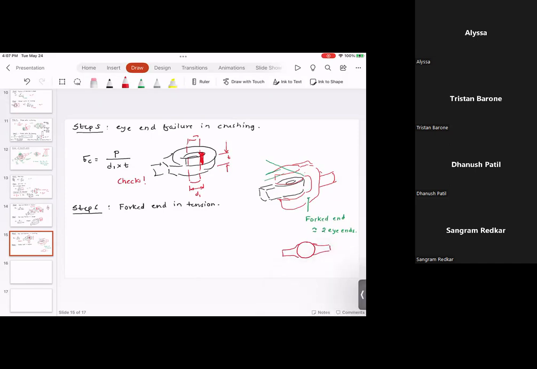You are going to have an eye end and you are going to have a forked end. So these diameters are going to remain the same. The only difference is this thickness is going to be different.